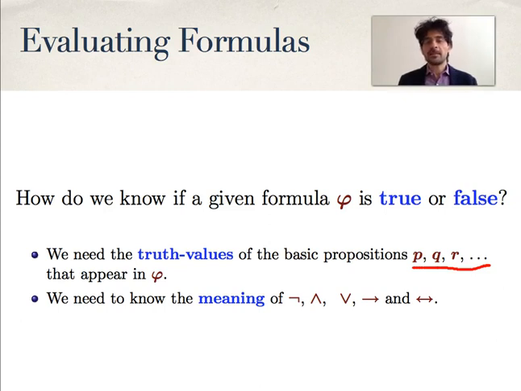And then once we have assigned a truth value to these basic propositions, we assign meaning to the connectives: negation, conjunction, disjunction, implication, and double implication. And this will allow us to assign a truth value to any formula of arbitrary complexity.